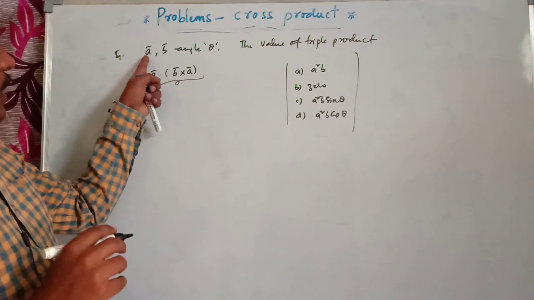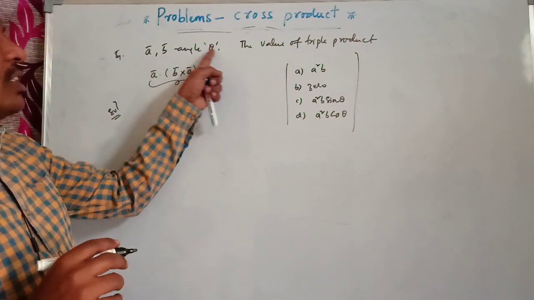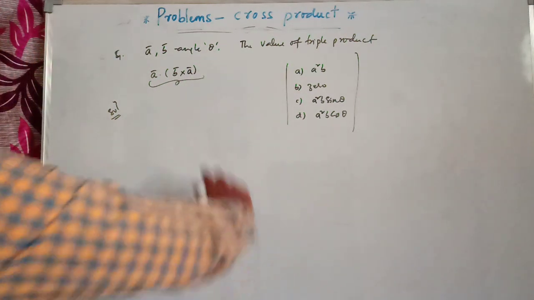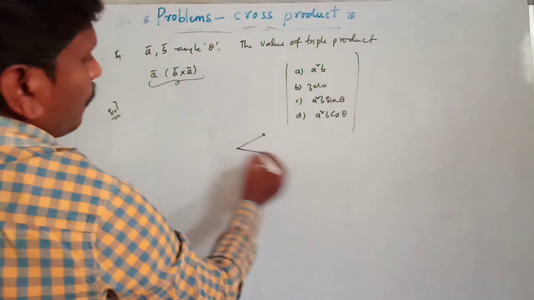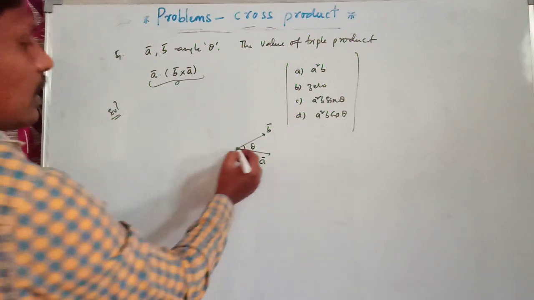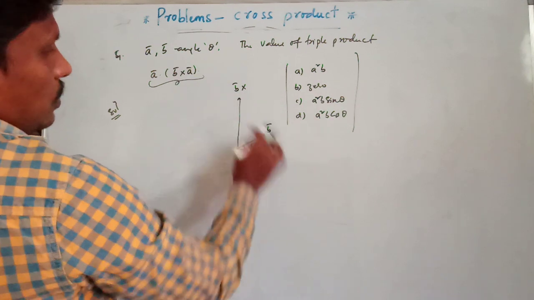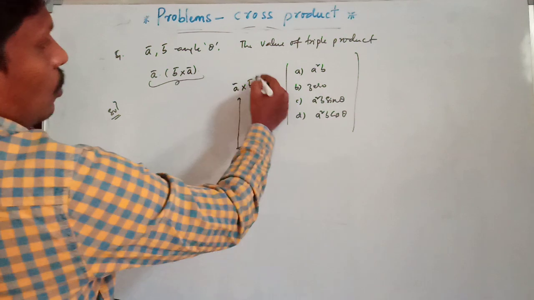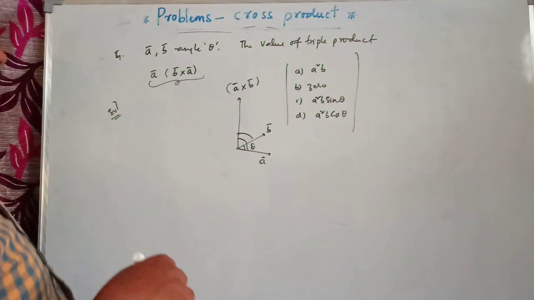Listen to me. A bar and B bar are there, and the angle between them is theta. We have to find the triple product of this. So from this we can understand, this is A bar and B bar, the angle between them is theta. If you find A bar cross B bar, it is normal to B bar and also normal to A bar vector.